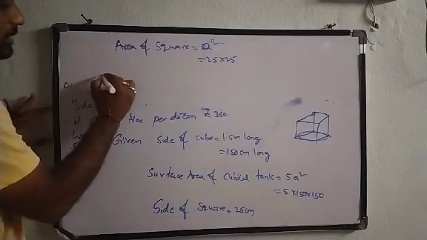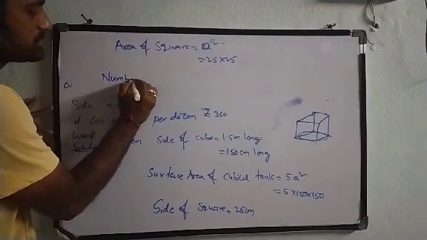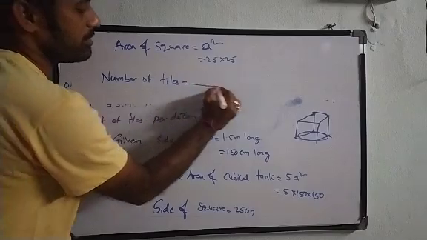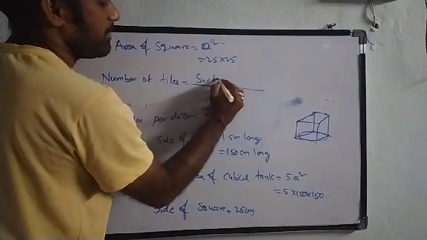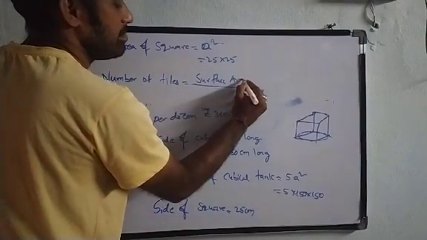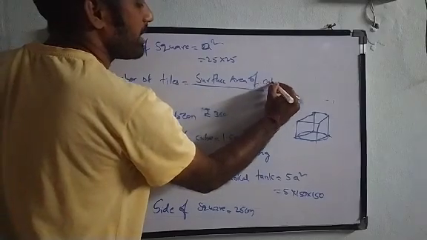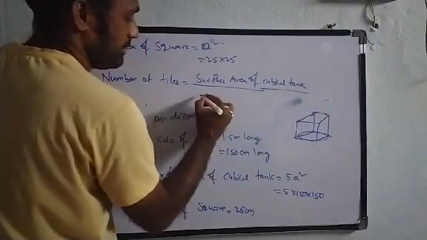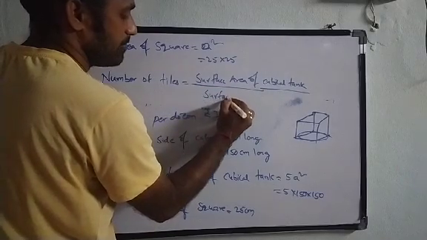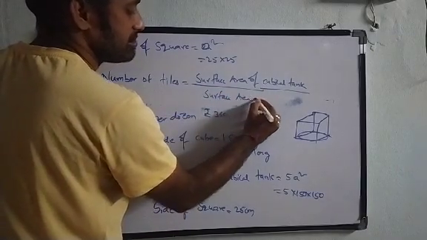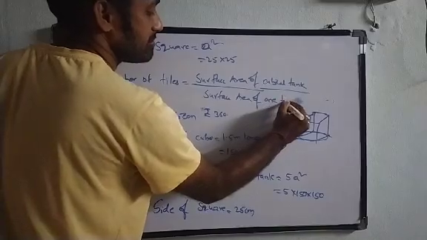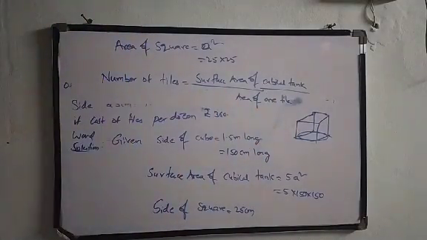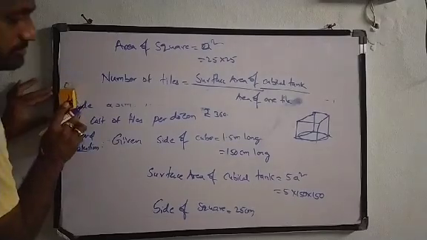Now in order to get the number of tiles required to cover this cubical tank, it is the surface area of the cubical tank divided by the area of one tile.